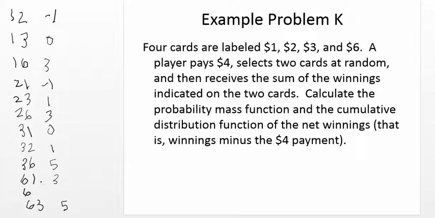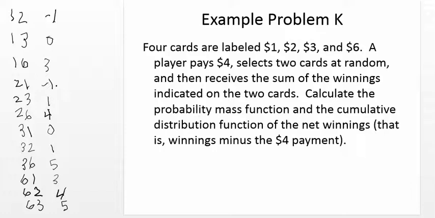So that was supposed to be a 6 and a 2. That gives me 8 minus 4 is 4. And that's not my only mistake. Back up here, I did the same thing. 2 plus 6 is 8, minus 4 is 4. Now that I have it fixed, we see those are all the possibilities.